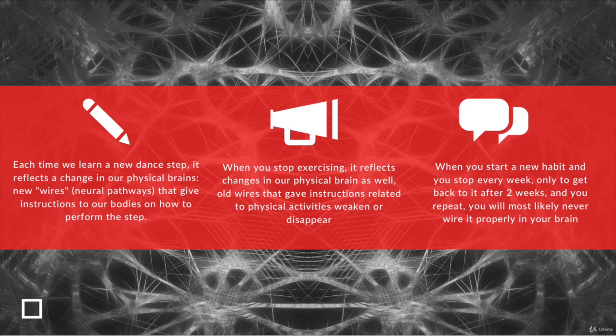Now, this neural network that was starting to slightly form is still extremely fragile because you've only been doing this habit for a week and a half or two, and then you stop it all at once. This will disrupt this network and make it hard to reinforce it and hardwire this habit again, unless you ensure consistency.